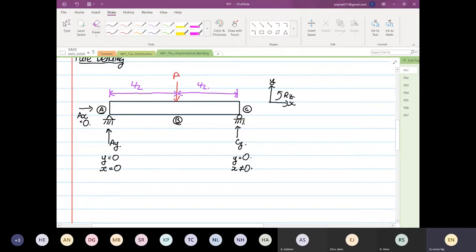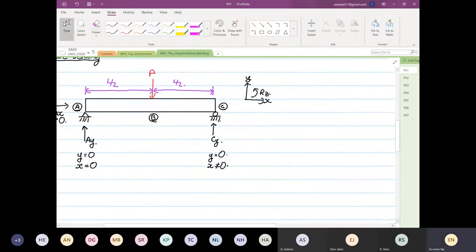Now, in pure bending, like what you can see over here, where the structure is supported and you have a load in the center, we can find the stress in the X direction.